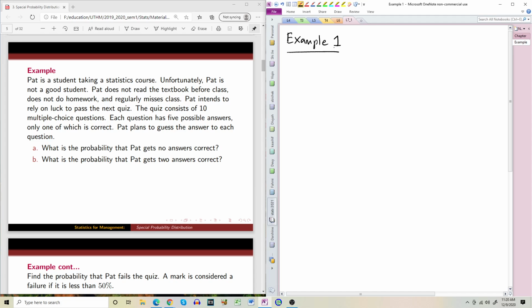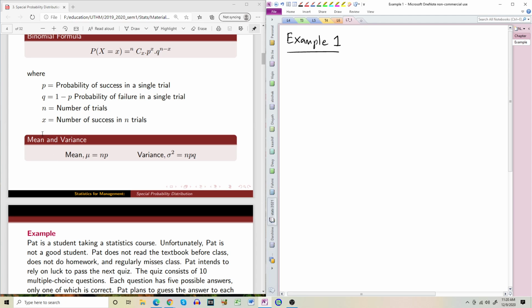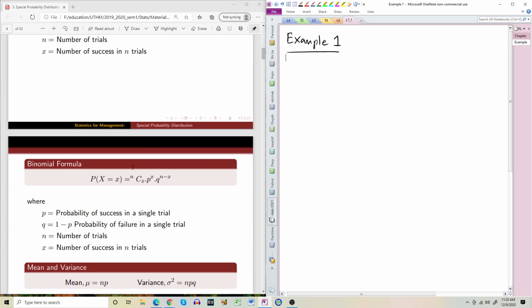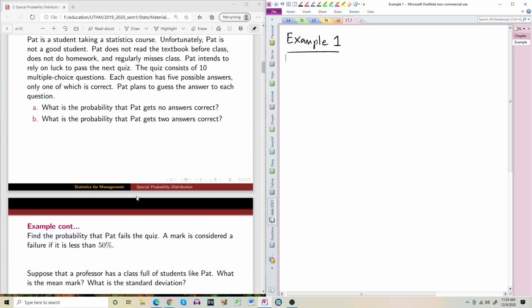Okay. First of all, let us do one by one. For this to be a binomial distribution, you need to identify all these characteristics, at least 1, 2, 3. The fourth one you don't need to do anything. A binomial experiment consists of a fixed number of trials. Look at this example. How many trials are there?